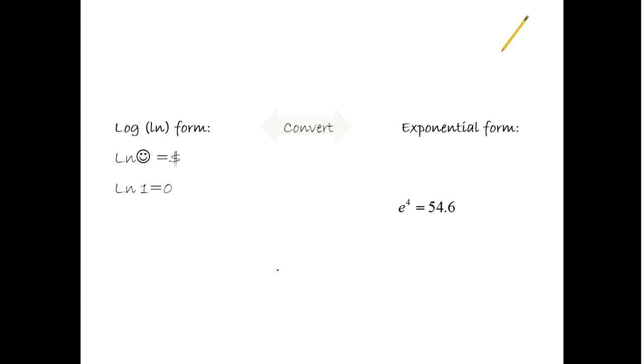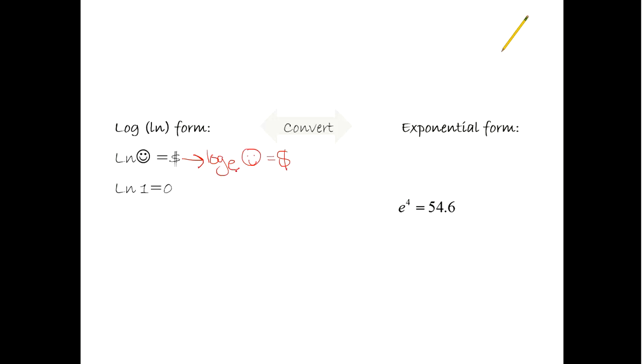Let's go forward here. Let's talk about converting from ln form to exponential and then exponential to ln. So, ln form, guys, I like to rewrite here. So this technically is the same as log base e of smiley face equal to $. Now, we practiced how to convert logs to exponentials, remember?